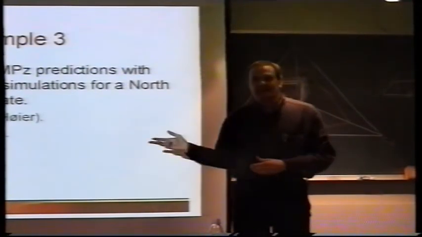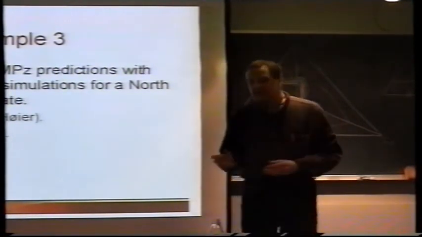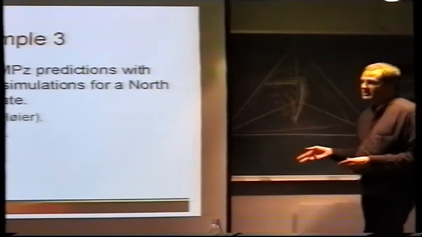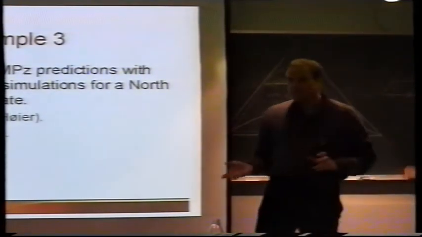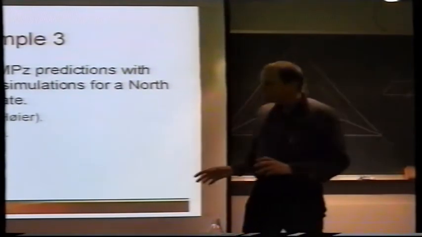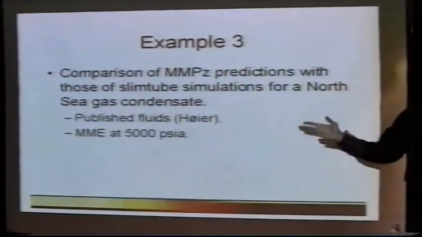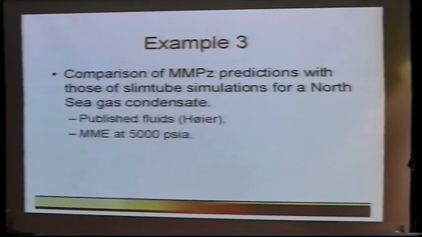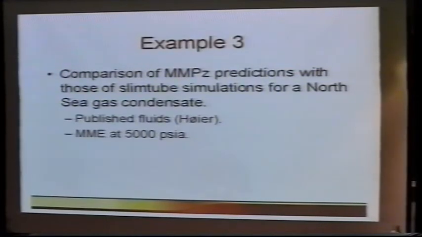But to calculate the MMP for a condensate system turns out to be much more difficult than for an oil, because the path takes a much more convoluted path through the composition space. And with slim tube simulations, it takes an enormous number of cells. And the method of characteristics, they haven't been able to get that to work at all.